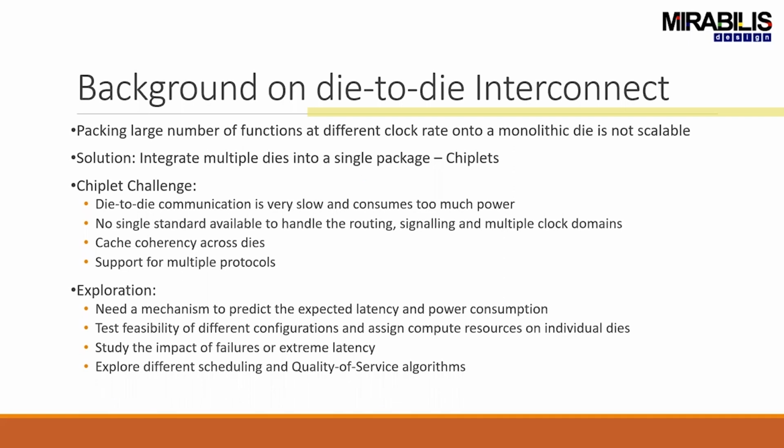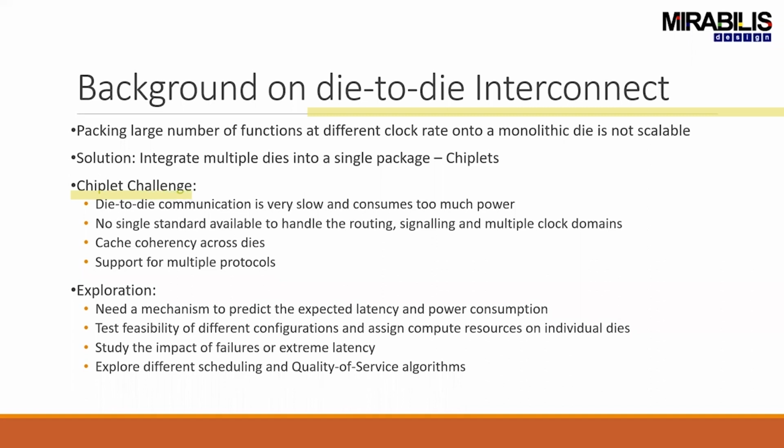The motivation of having multiple dies in a single package is because the size of the dies, the process nodes, the clock speeds are both sufficient, but at the same time not required for certain applications. So really integrating multiple dies into a single package is the future.